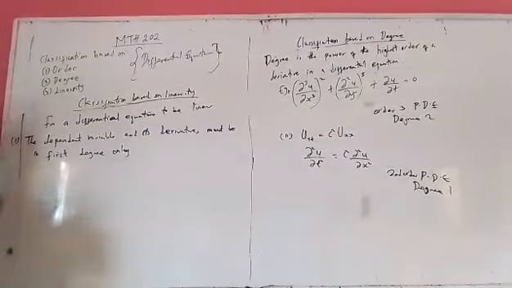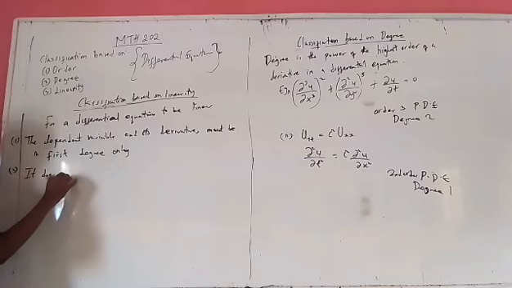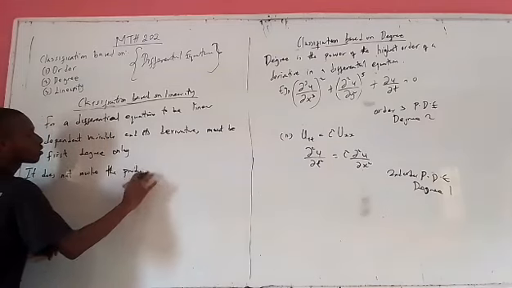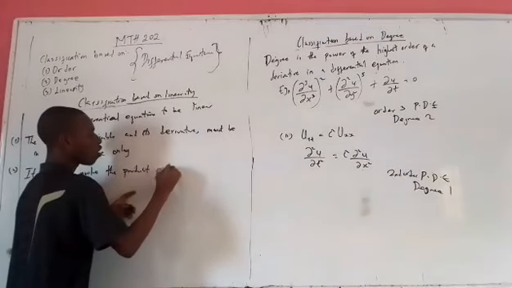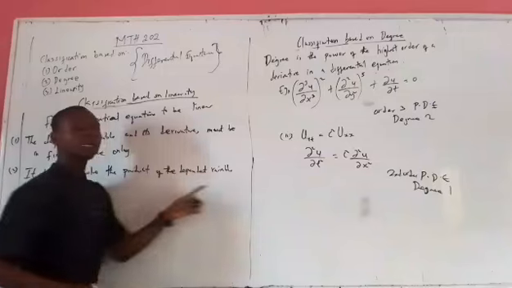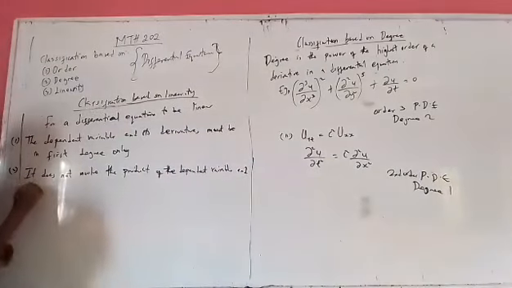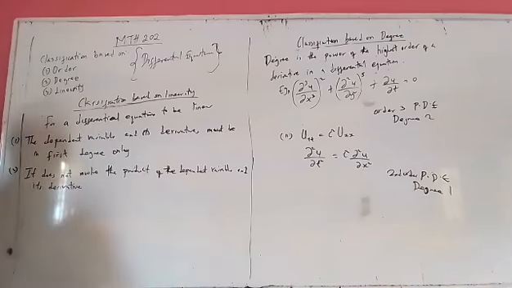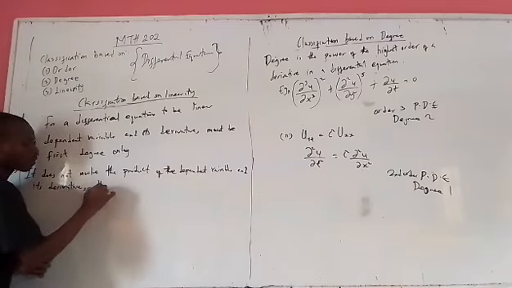That's the first condition. The second condition for it to be linear is that it does not involve the product of the dependent variable and its derivative.